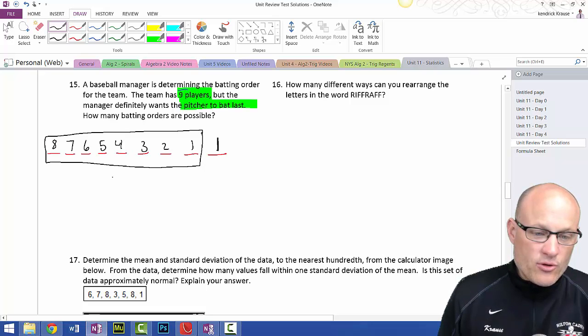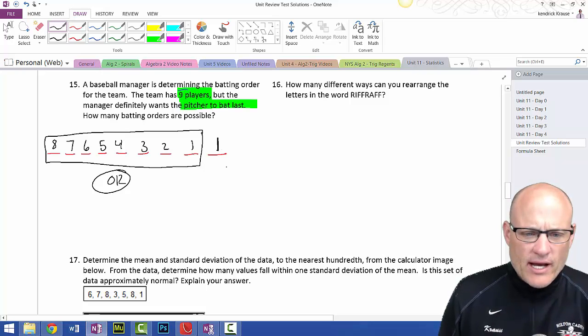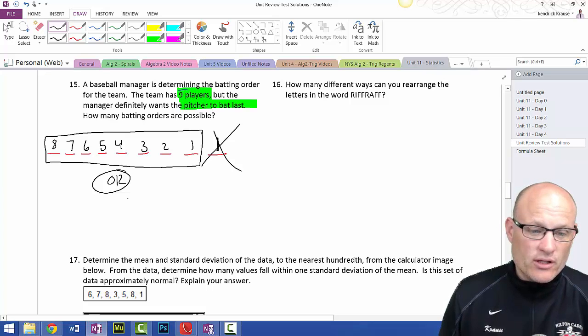Or I could go about it saying, okay, I want the pitcher to go last, so that part is done. I've got 8 spots left, and it makes it different how we put the batting order together. So if I've got 8 spots left, that's 8 kids and pick 8, because order matters.